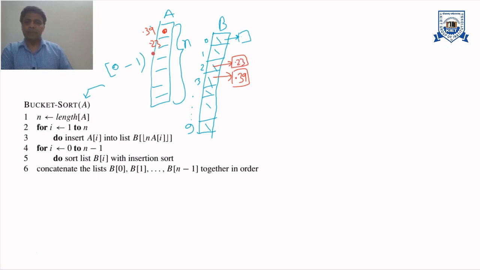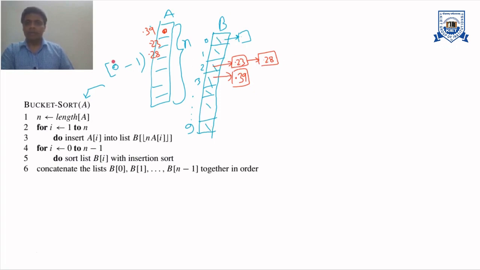Next data is, let's say, 0.28, then this 0.28 would first come into this bucket and then we apply here. So likewise, we put all the data into a particular bucket. We read data one by one from the list A, and we put that data into the corresponding linked list of a particular bucket.